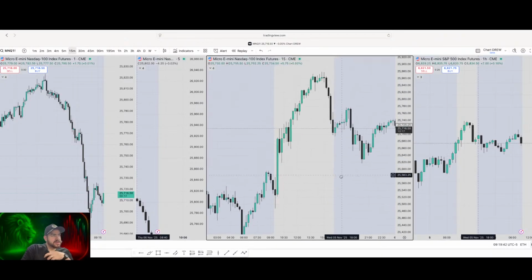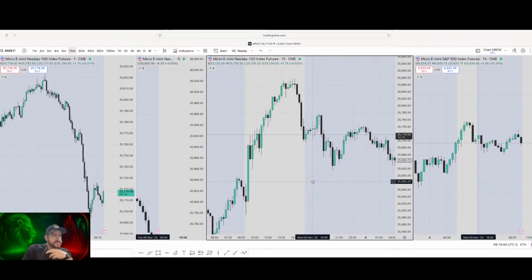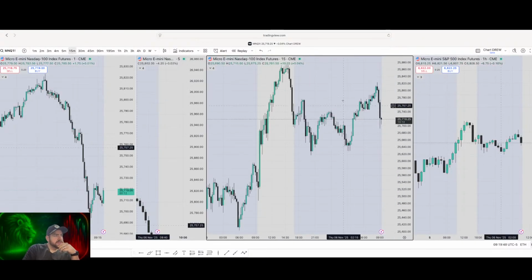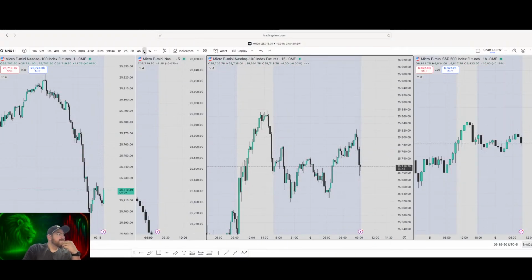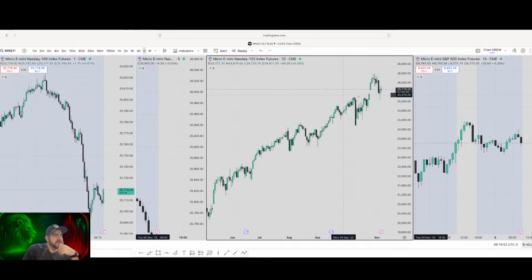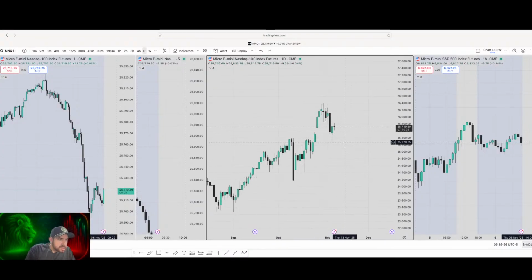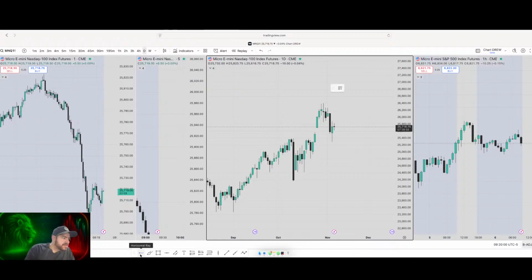And put everything here. I'm gonna start at the daily chart. Mark some stuff out. Previous day low, previous day high, marking that out.